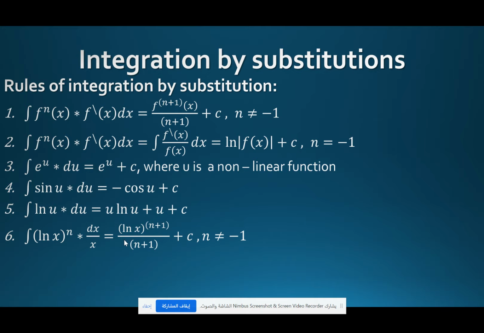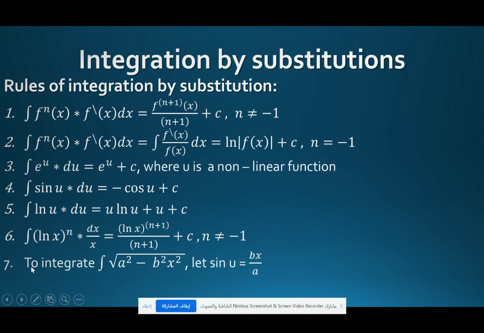Now we're going to have two new ideas different from these, and we can call them special cases. In number 7, to integrate the square root of the difference between two squares, the difference between two squares under the root, you use a special type of substitution: let sine u equal bx over a.